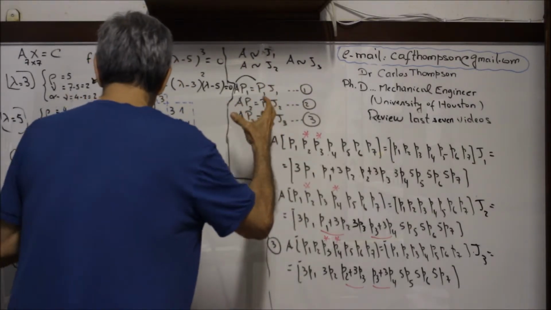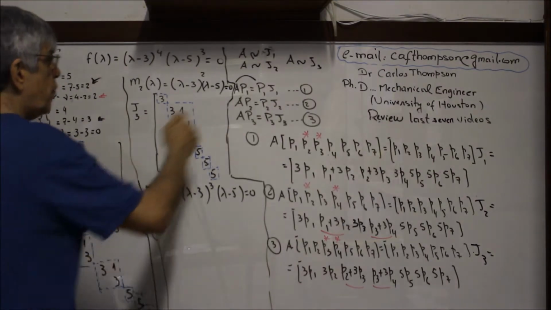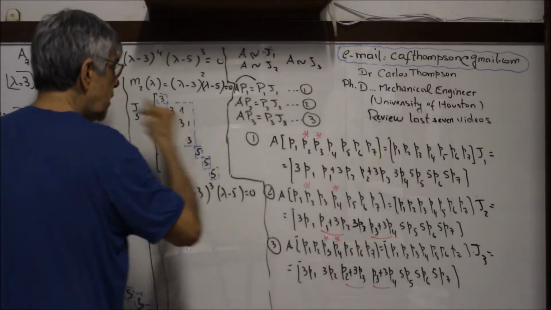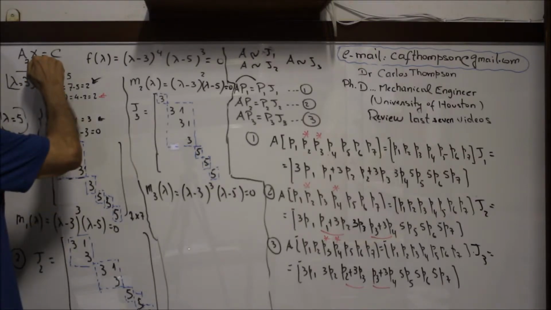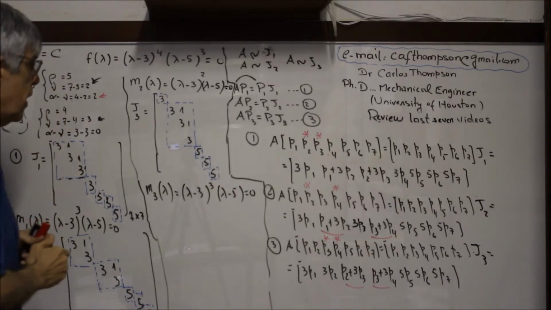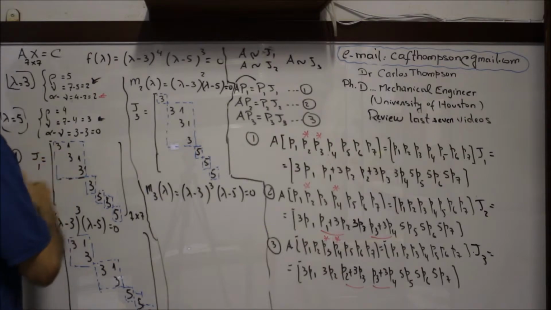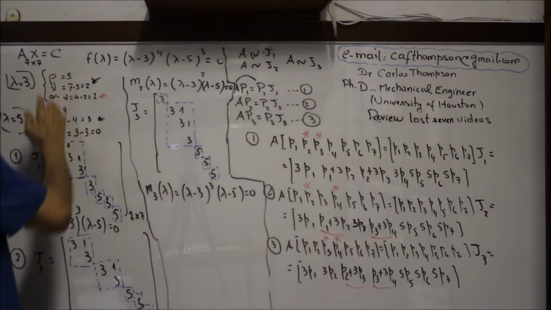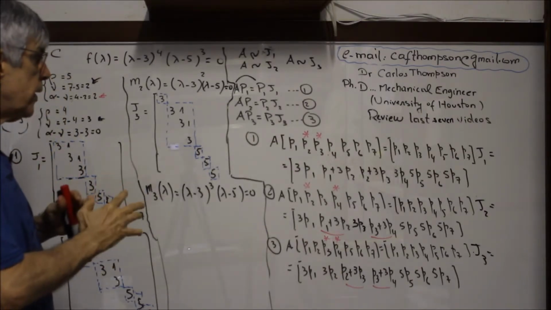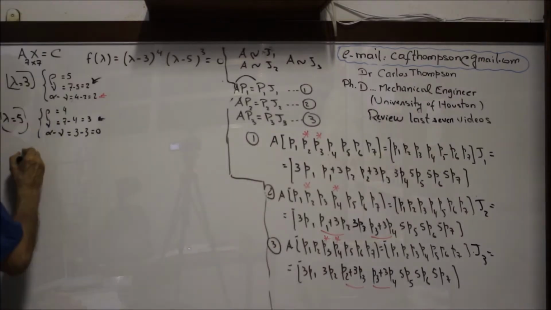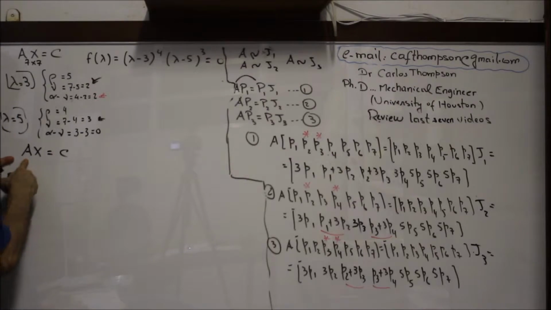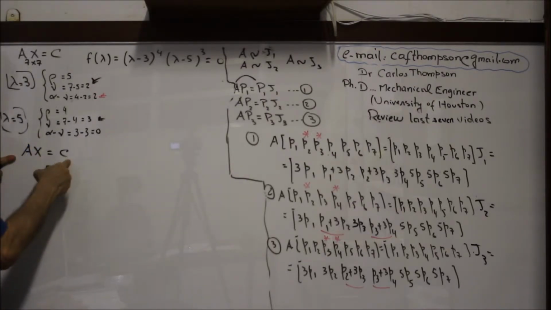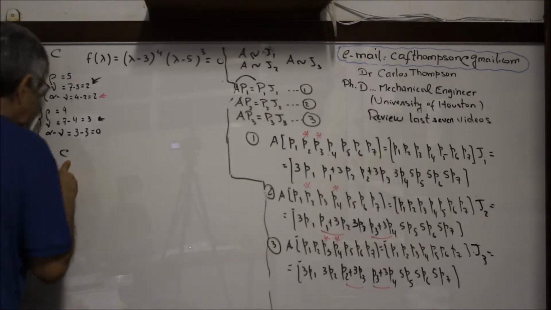Now I'm ready to calculate for each case the solution of the equation, because we want to solve this equation. How will I work with the solution of this equation? The same way we did before. AX is equal C. A is a known matrix and C is a known vector.